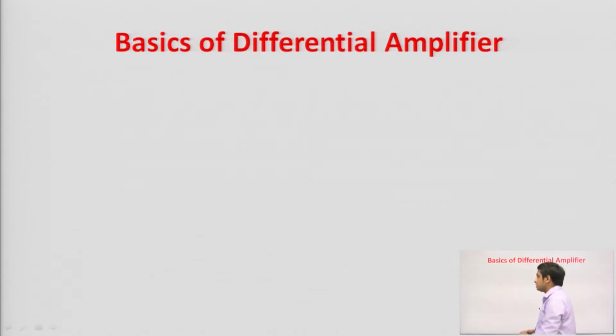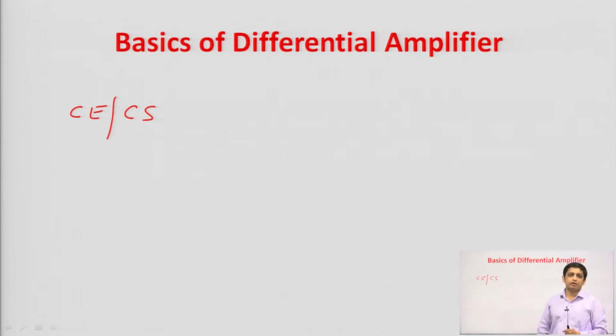There we had designed the amplifier in common emitter configuration or in MOSFET common source, and we prefer this common emitter and common source when we need voltage amplifier because of the higher input resistance of this common emitter and common source amplifier. But in common emitter and common source amplifier, we were applying the input signal at a single terminal, right.